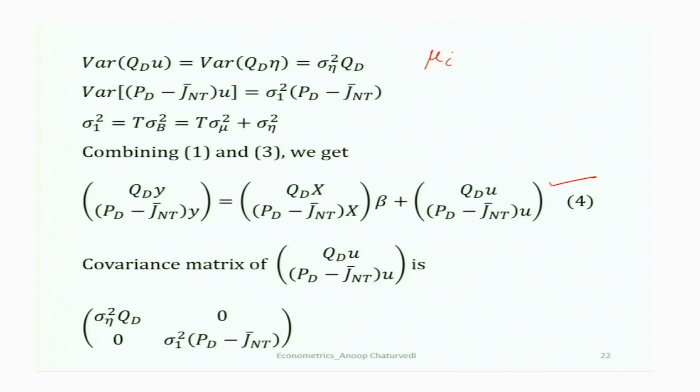The covariance matrix of this model 4 is, say, sigma square eta Q_d here, then you have 0 here, 0 here, and then here you have sigma 1 square (P_d minus J bar nT). So, you get this variance covariance matrix for the disturbances.